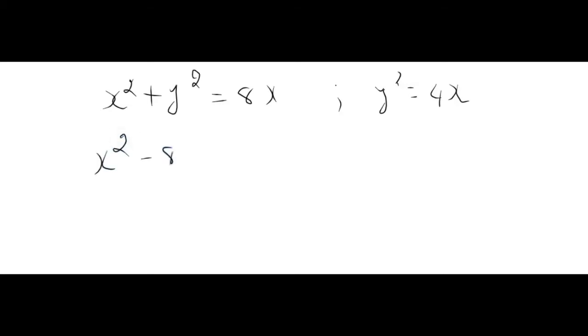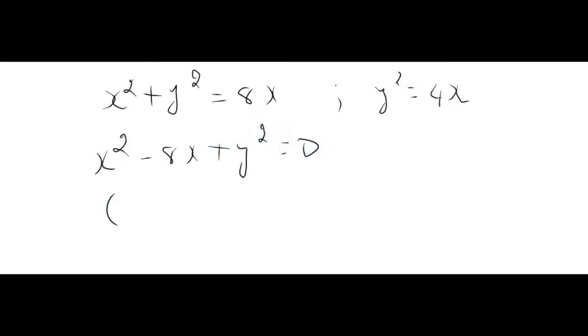Now, the equation of the circle is given as x squared plus y squared is equal to 8x, and the equation of the parabola is given as y squared is equal to 4x. This equation of the circle can be rewritten as x squared minus 8x plus y squared is equal to 0.